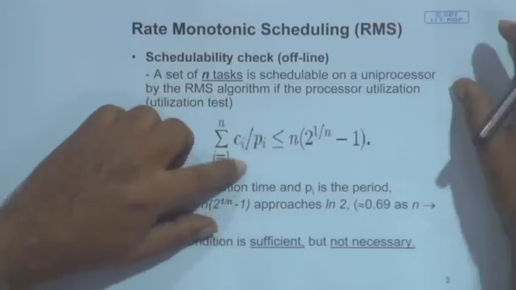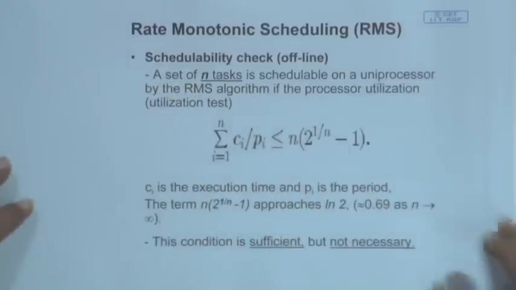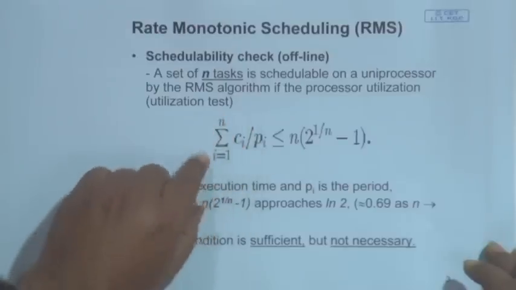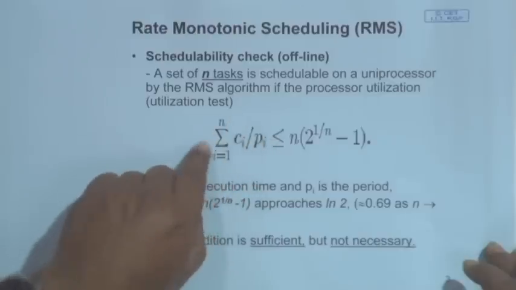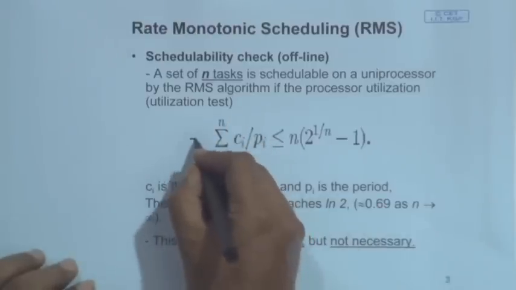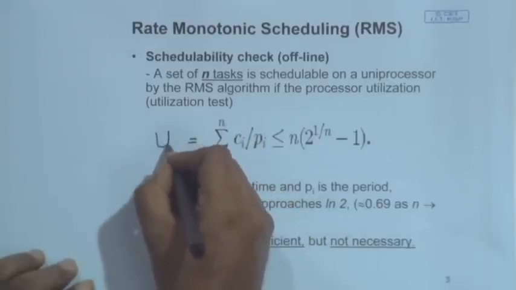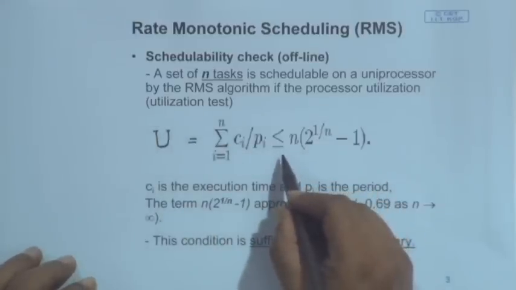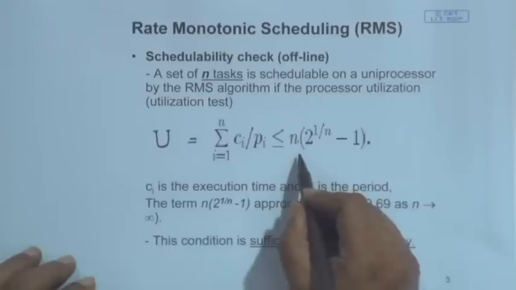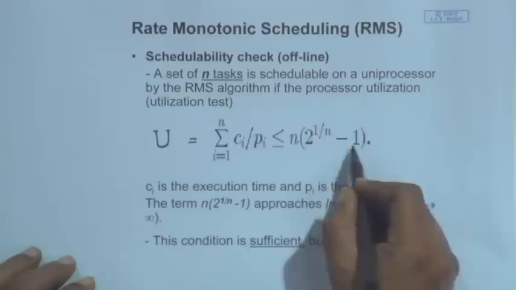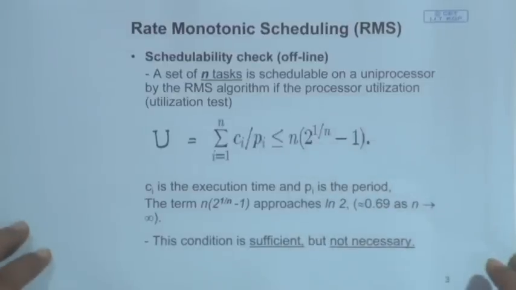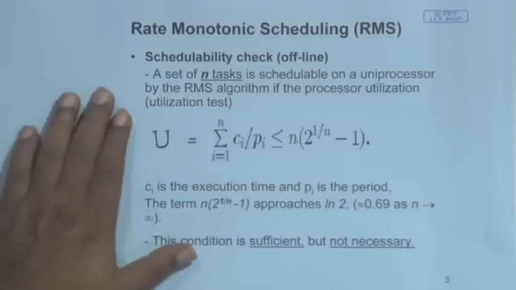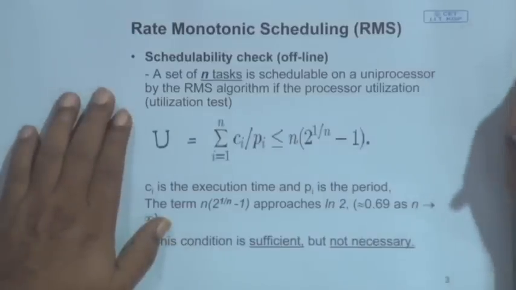We have seen that Ci by Pi we had given the name utilization. So, the total utilization for all the tasks is less than or equal to n times 2 raised to 1 by n minus 1. If this condition is satisfied, then we can schedule the tasks.